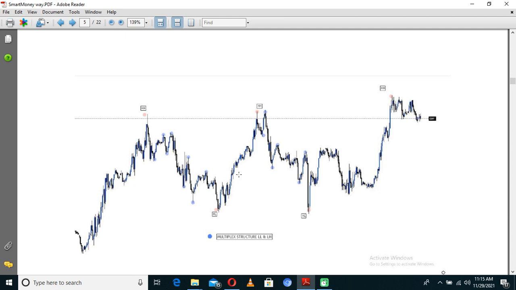If you understand market structure and multiple structures, the lower time frame trends will be different from higher time frame trends, and it will be a problem for traders who like to hold trades.